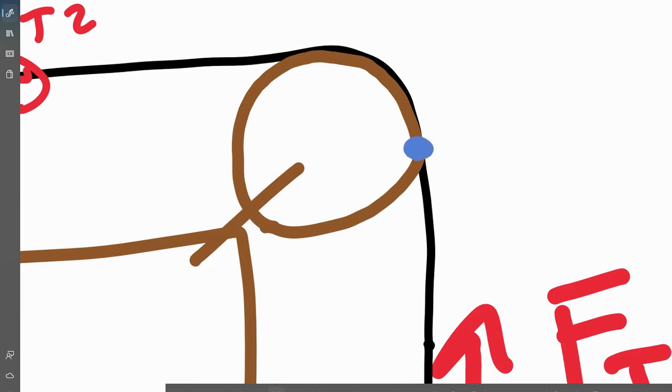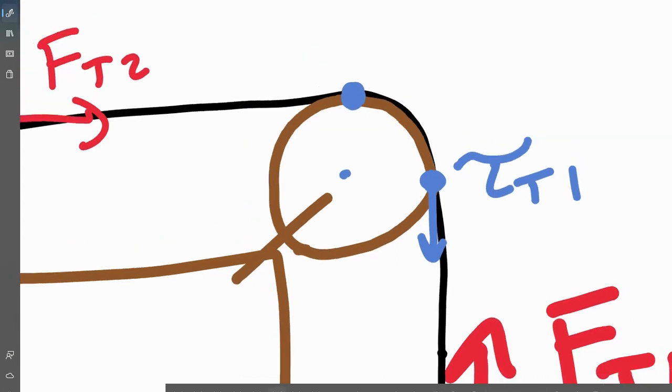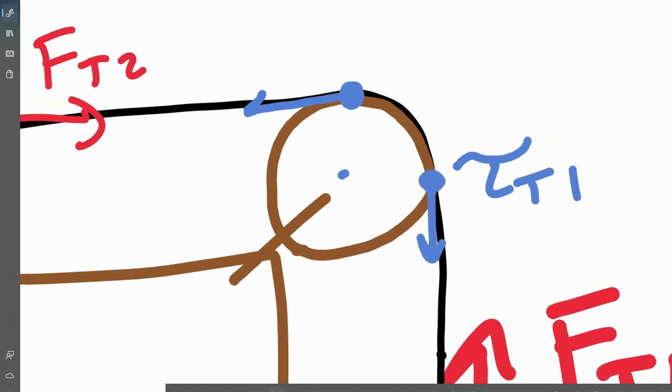Right here we essentially have tension 1 exerting a torque on the pulley, so I'll say torque of tension 1. Up here we have another torque being exerted on the pulley. We know it's a torque because, one, it's not at the center, and two, it makes it rotate. So we have torque of tension 2 right there as well.